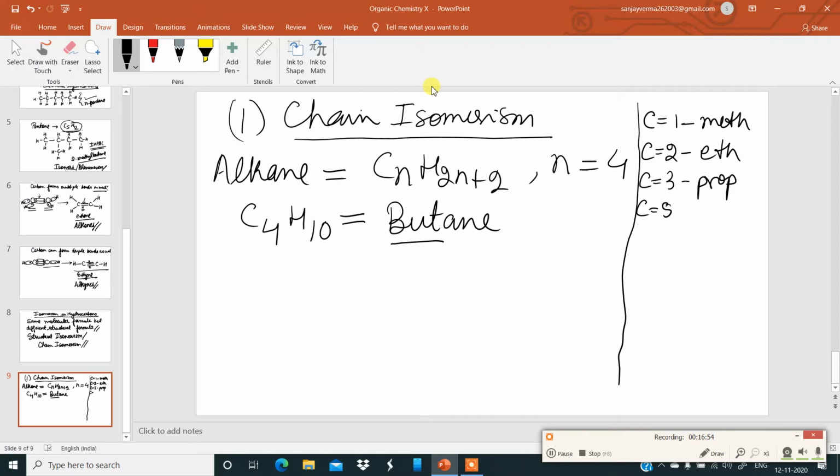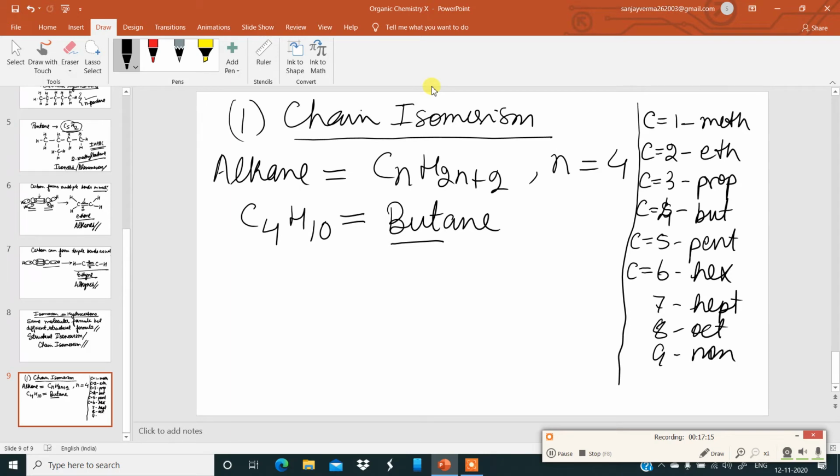Having 4 carbon atoms, but. Having 5 carbon atoms, pent. Having 6 carbon atoms, hex. Then 7 will be hept, 8 will be oct, 9 will be non, and 10 will be dec. So you must remember this. These are called word roots.